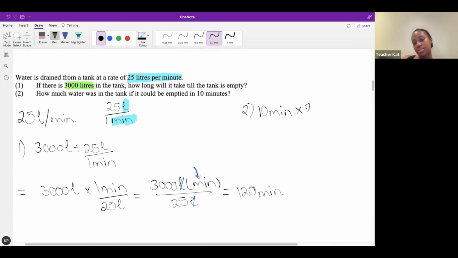Nice. Times 25. Because these units are just going to cancel each other out. Can you see one is at the top, one is at the bottom? So then I'm left with 10 times 25, which gives us, if it takes 10 minutes, that means there was 250 liters.